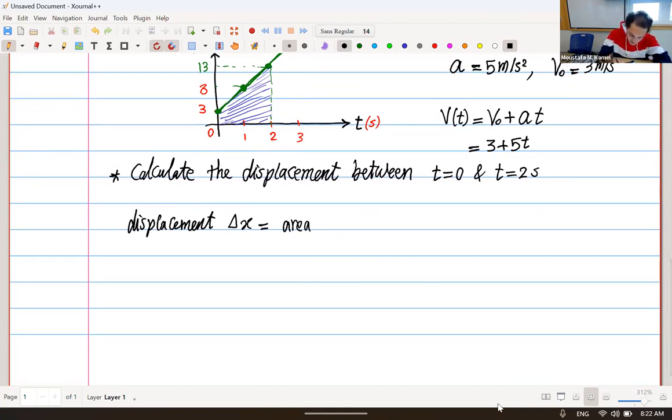And we can break that down into a triangle and a rectangle. So we can do the following. We can break it down into this yellow rectangle and this blue triangle.